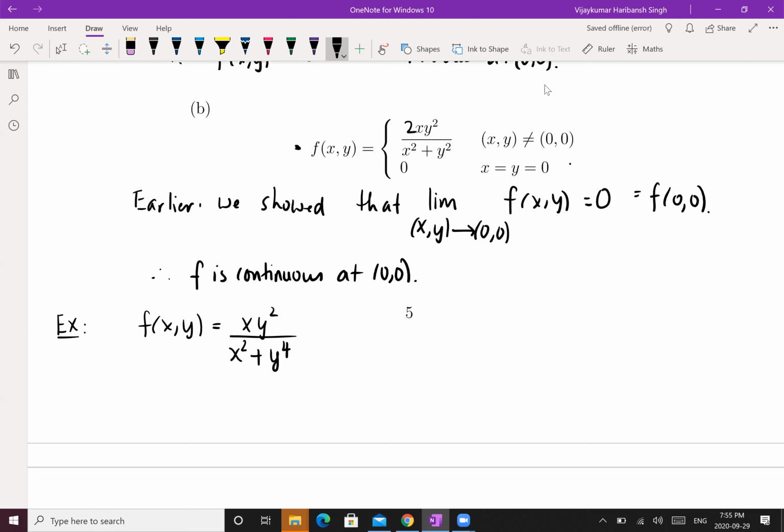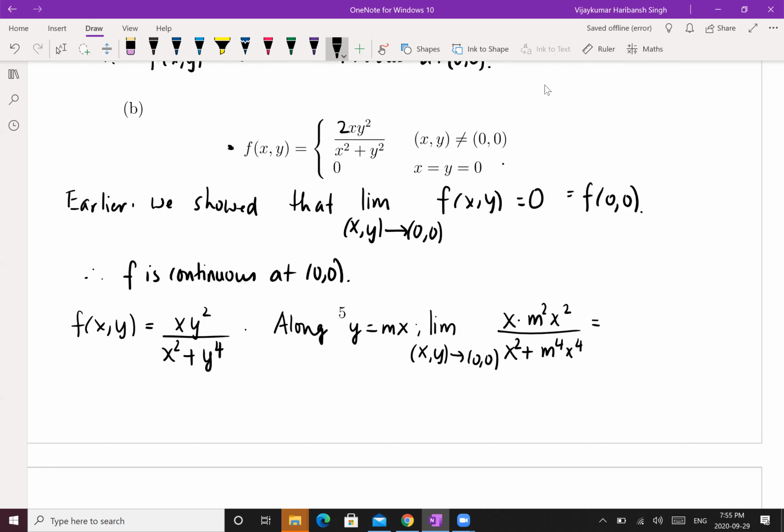If you look at this along y equals mx, as we go to (0, 0), the limit as (x, y) goes to (0, 0) is going to be x times m squared x squared upon x squared plus m to the 4 x to the 4. You take x squared common, cancel it out. So you get the limit as (x, y) goes to (0, 0) of mx upon 1 plus m to the 4 x squared, and that is 0.